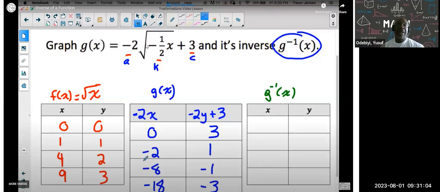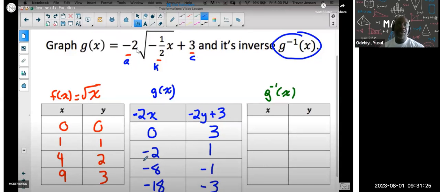When you look at these, what's the word I'm looking for? Translations, I should say. So these are the translations and transformations.